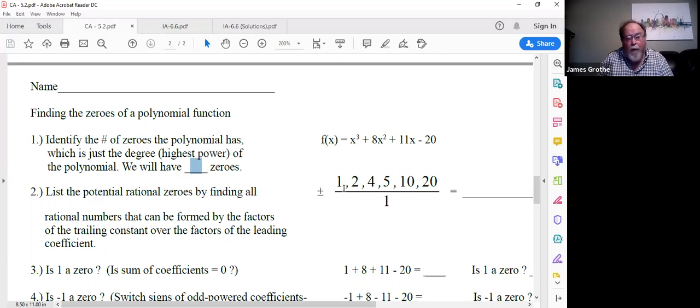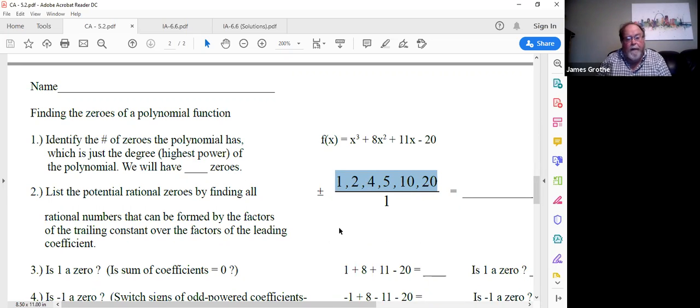The potential rational zeros, we're going to put the factors of 20. There are 6 of them: 1, 2, 4, 5, 10, and 20 over the factors of our lead coefficient, which is 1. That's all. So with the denominator of 1, our potential rational zeros are going to be 1, 2, 4, 5, 10, 20.